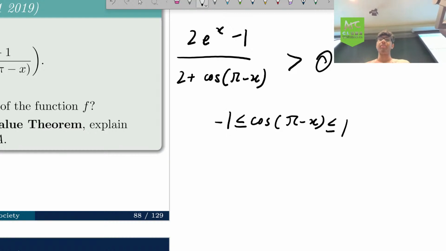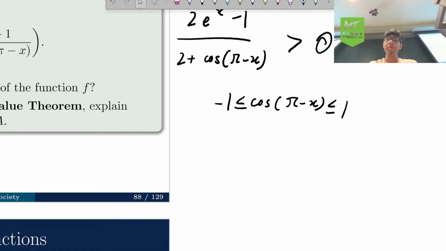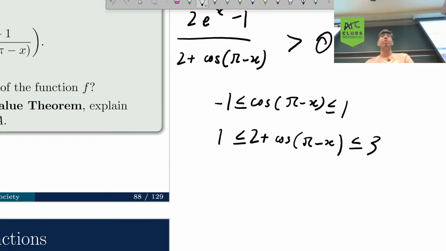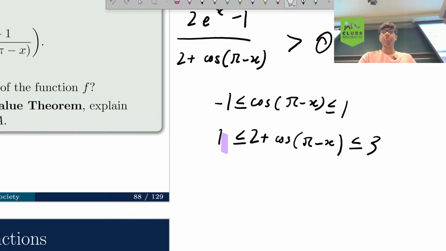I don't know what exactly, since it changes for all my x values, but I know it's somewhere in that range. What about 2 plus that? If I add 2 to all of those, this is somewhere between 1 and 3. So it doesn't matter what my x value is, the denominator will always be positive, somewhere between 1 and 3.